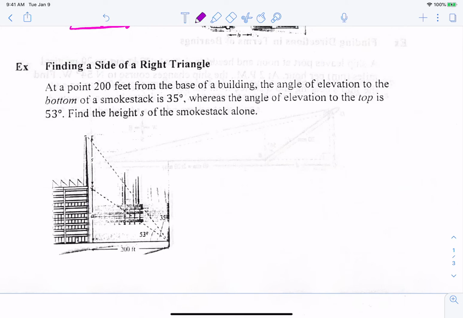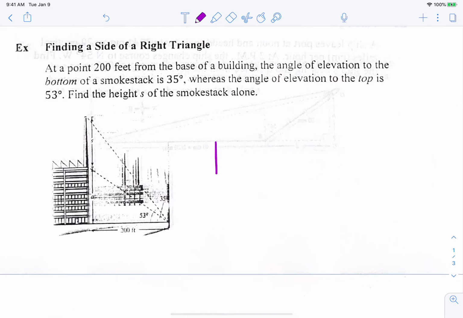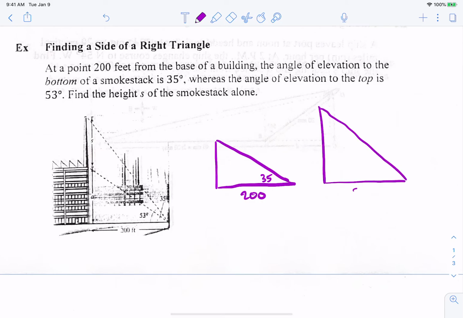At a point 200 feet from the base of a building, the angle of elevation to the bottom of a smokestack is 35 degrees, where the angle of elevation to the top of the smokestack is 53 degrees. So we have these two things going on. We've got the small angle of elevation, 35 and 200, and then we have the larger angle, 200 and 53.